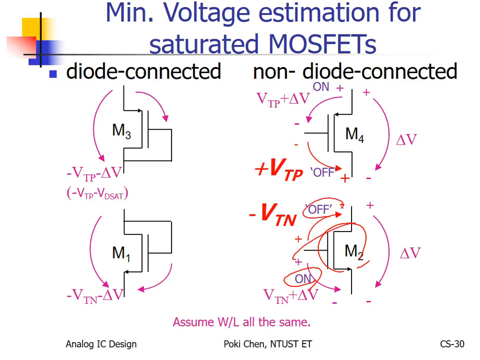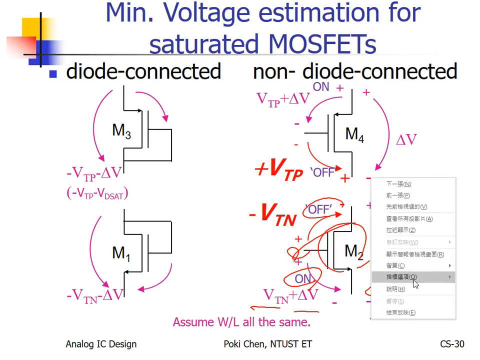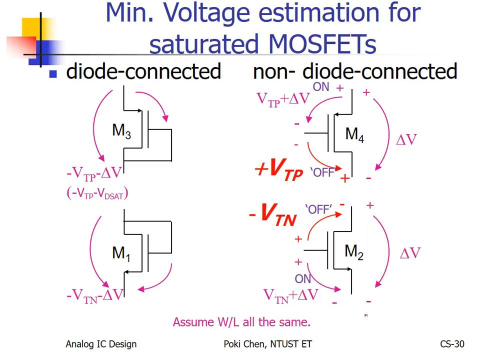So the gate should be one VTH and one delta V higher than your source. Then how to make the drain still pinched off? On the contrary, how to make it on? The drain needs to be one VTH lower than the gate. Then it will be on.